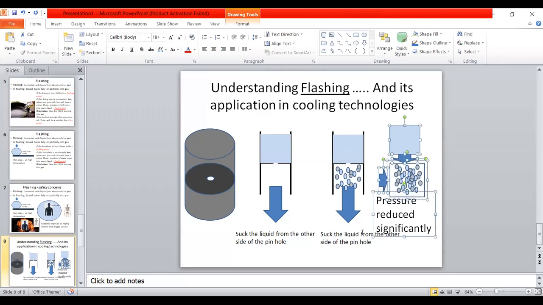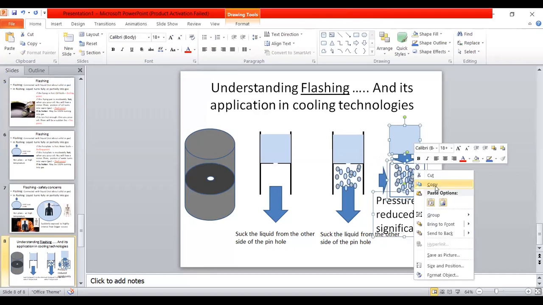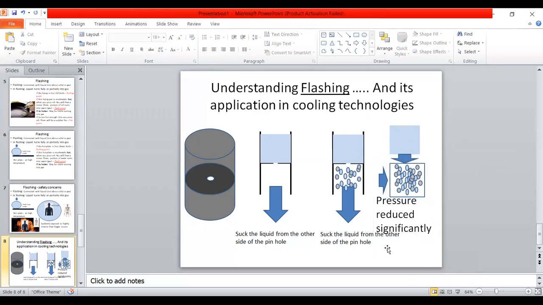Now we have to look into some more. So I take this. Because of the suction, what happens?